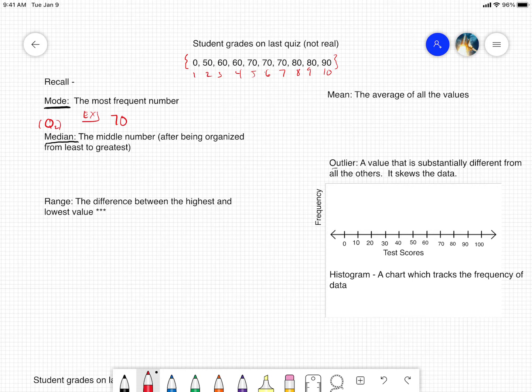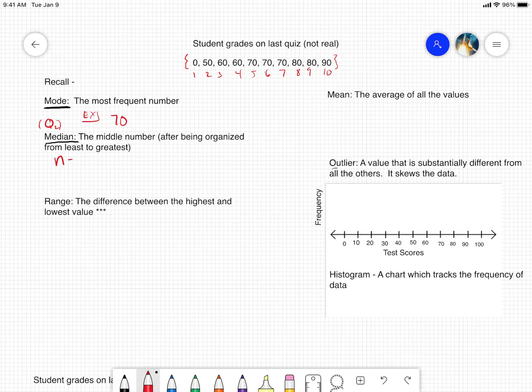So which of these is in the middle? How do I find where the median is? The first thing I want to look at is my n.